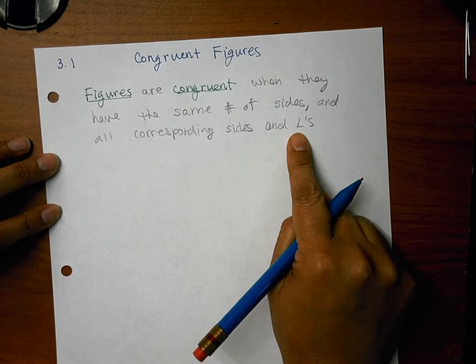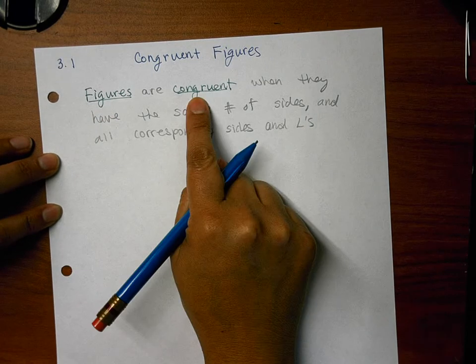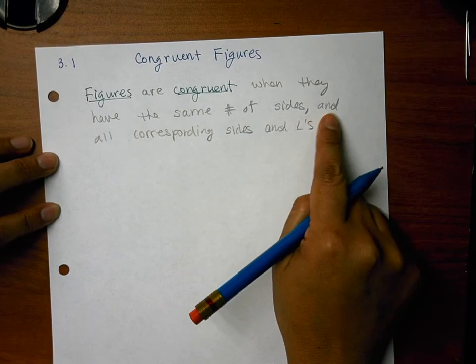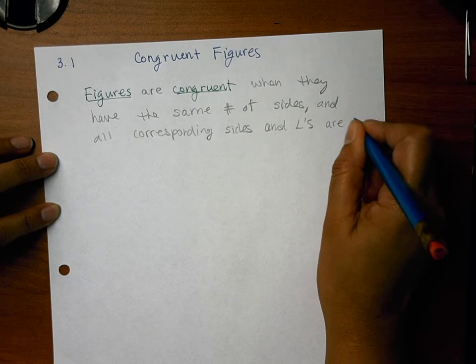That's the shorthand for angles. Whenever I write that from now on, you'll know what that means. Figures are congruent when they have the same number of sides and all corresponding sides and angles are congruent.